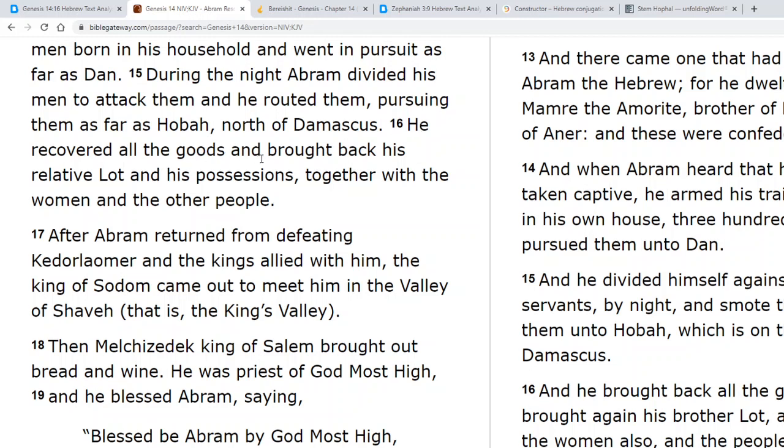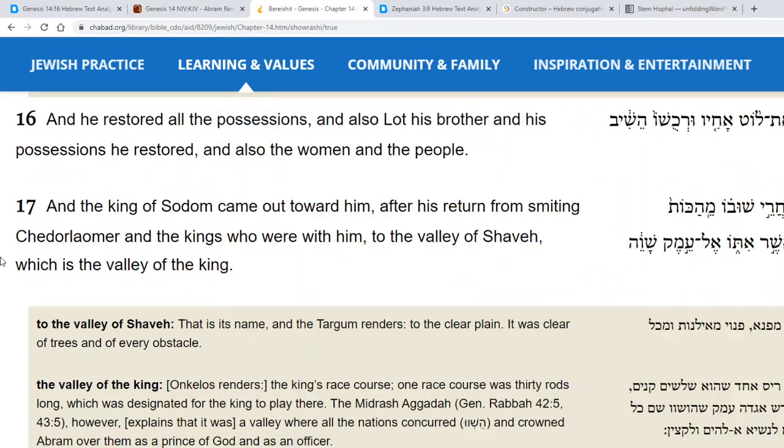He recovered all the goods and brought back his relative Lot and his possessions, together with the women and the other people. Not sure why they're saying other people. And he restored all the possessions, right? Vayashev, they're saying restore, right?